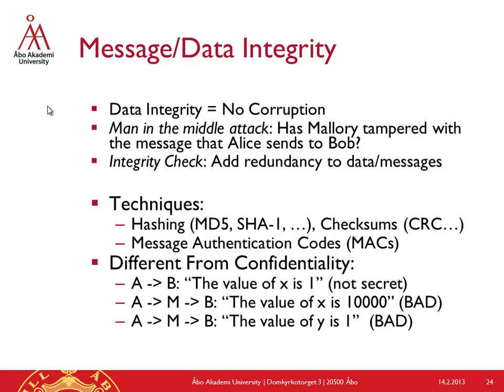We will get back to MACs a bit later. Some problems with confidentiality or data integrity can be shown with these three lines. You can look them up and understand what's actually going on. For example, if Alice sends Bob the message that the value of x is 1, there might be a problem where the value was changed, or the assigned variable might be changed, and so on.